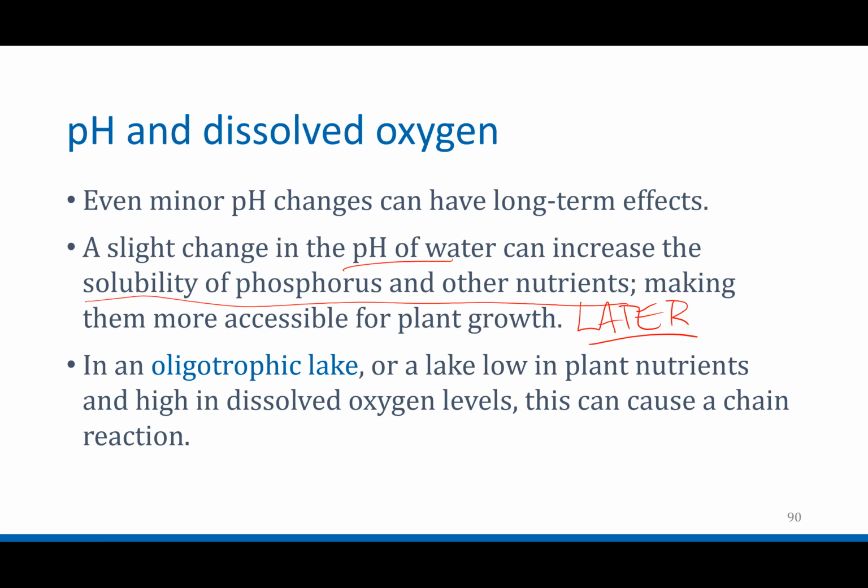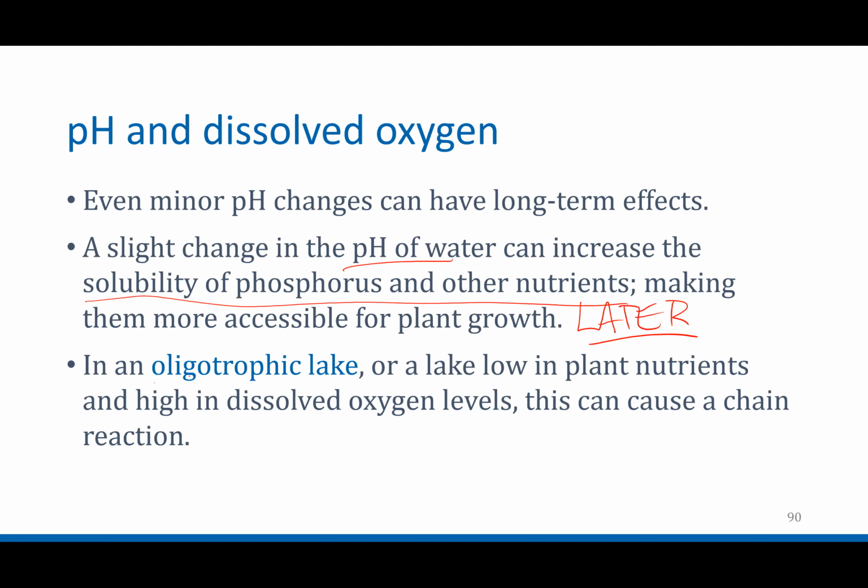That might seem to be a good thing, but overgrowth of plants can be very, very dangerous and detrimental, harmful to the aquatic life. You might have heard of algal bloom before. We'll talk a little bit about that later. This overgrowth of plants in water is not a good thing.